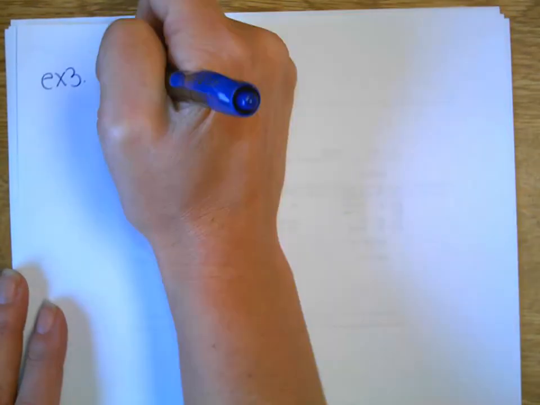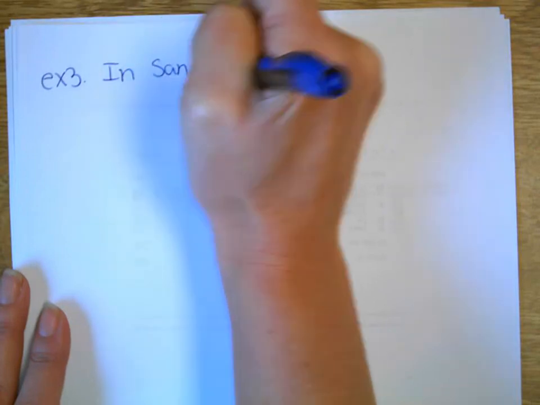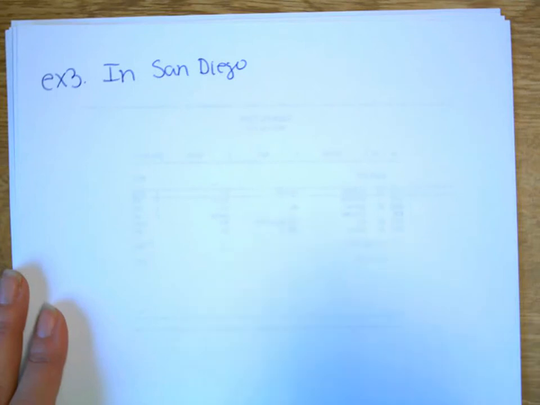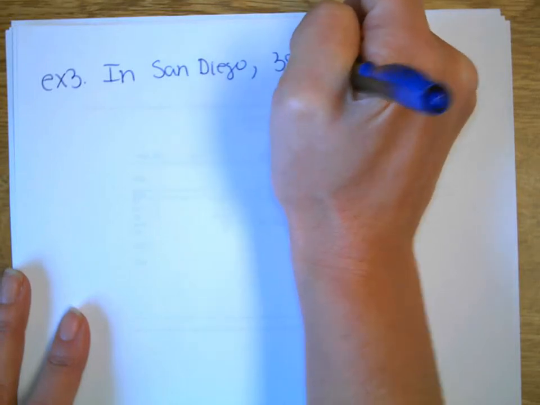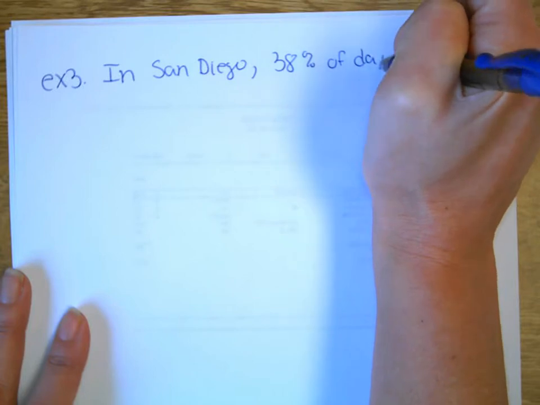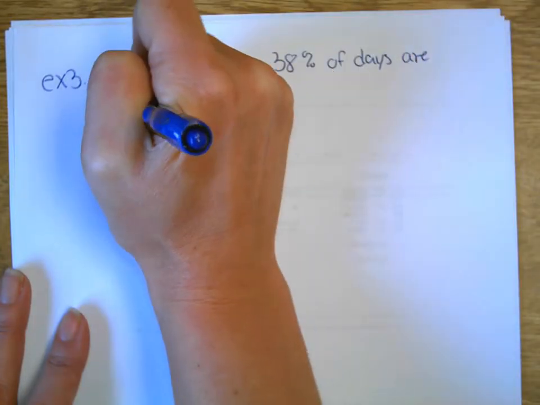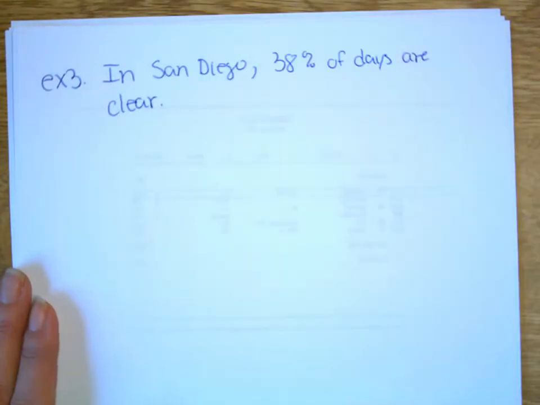All right, in San Diego, 38% of the days are clear. That doesn't sound very good. That's awful. And that was in 1997.